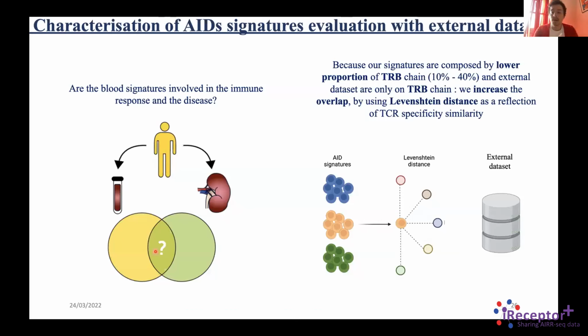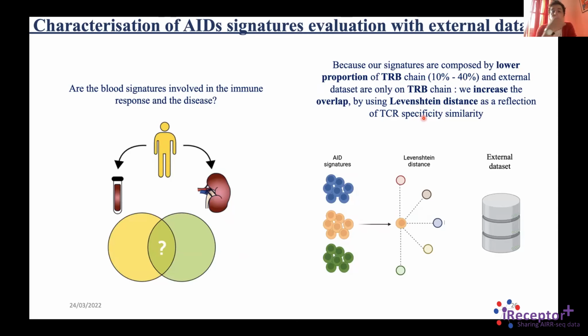And because our signatures are composed mainly of alpha chain, we have a low proportion of beta chain in our signature, and we have to evaluate why we have this difference. The beta chain represents around 10% to 40% of the signature, and the external datasets are only on beta chain.